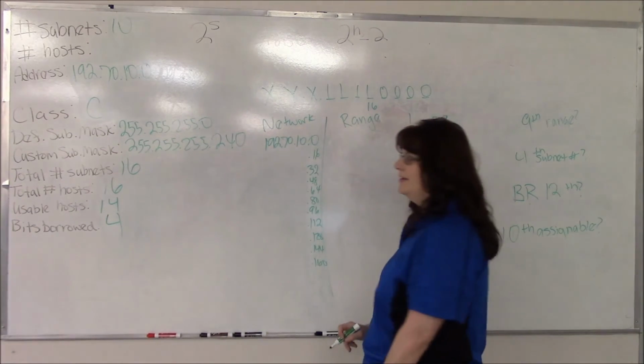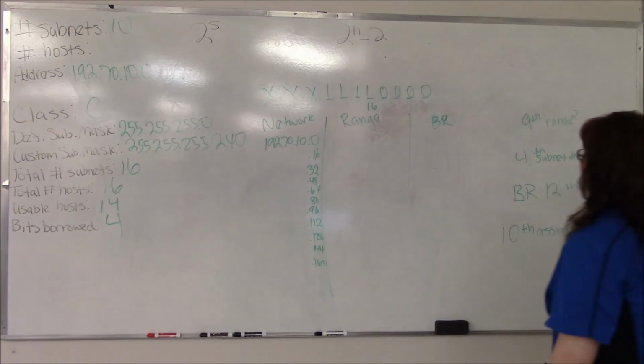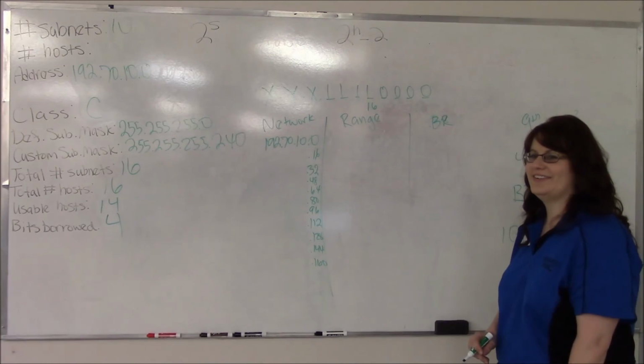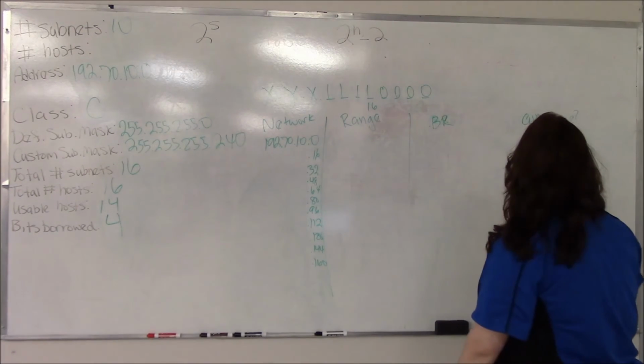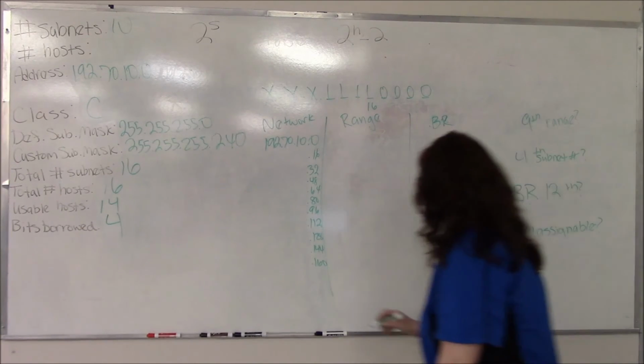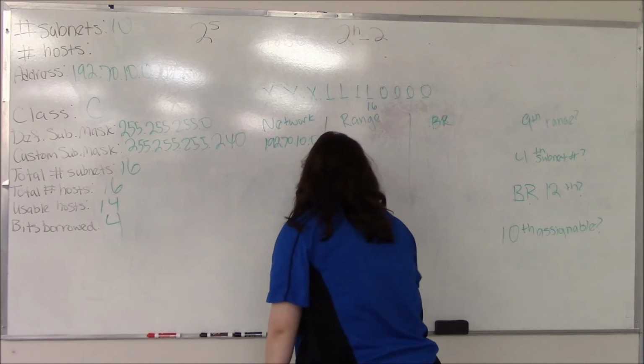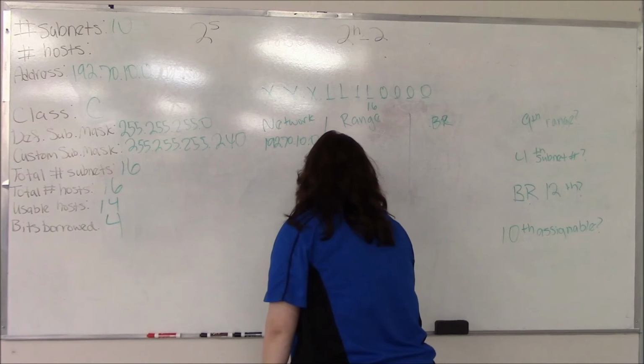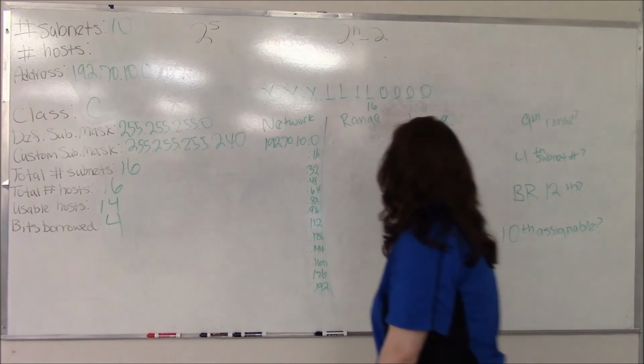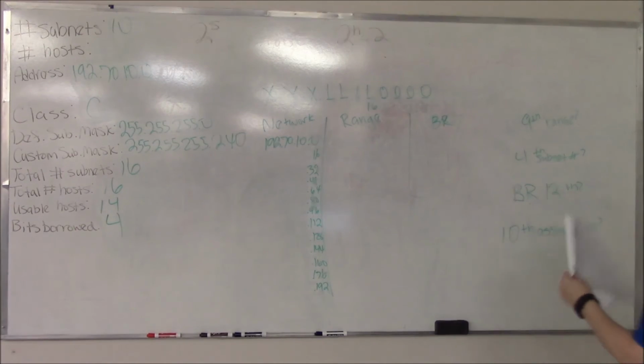Okay, we're far enough. You're so good at that, Rosie. We need 12 subnets. Oh, we do. 176 and 192. There we go. You're right.